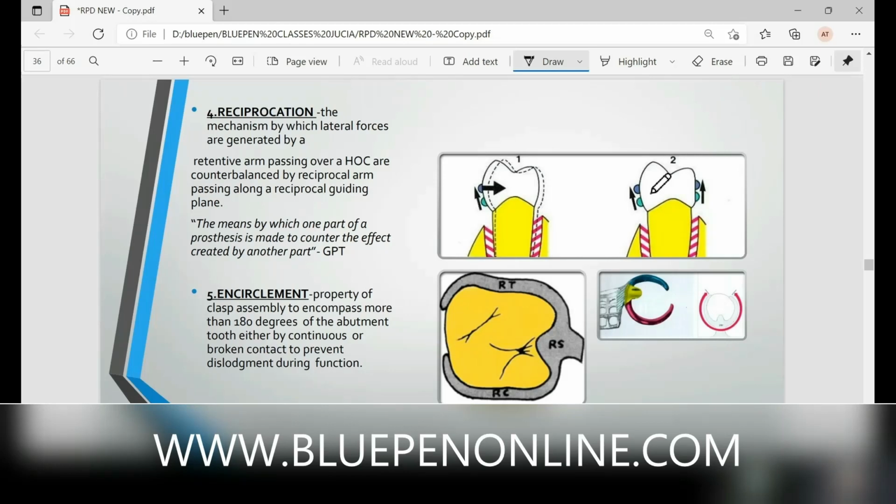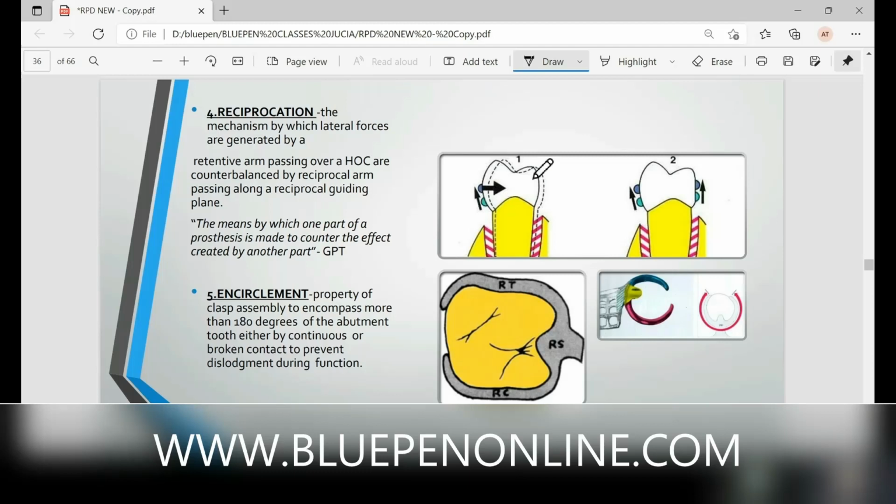Then this is reciprocation. I told you what reciprocation is, because you have a retentive arm. The retentive arm has a part known as the retentive terminal. The retentive terminal is flexible. Now there are lateral forces generated from this retentive terminal when it passes through the height of contour.